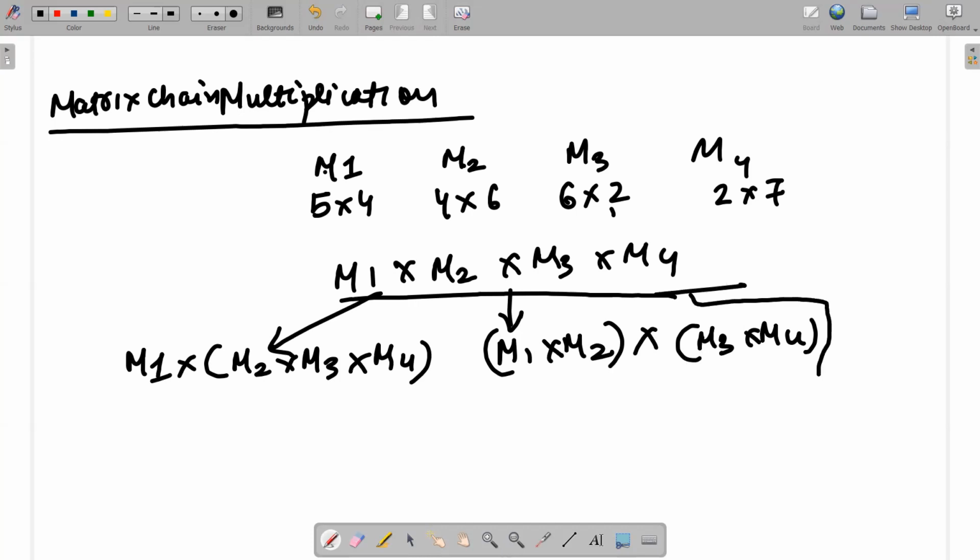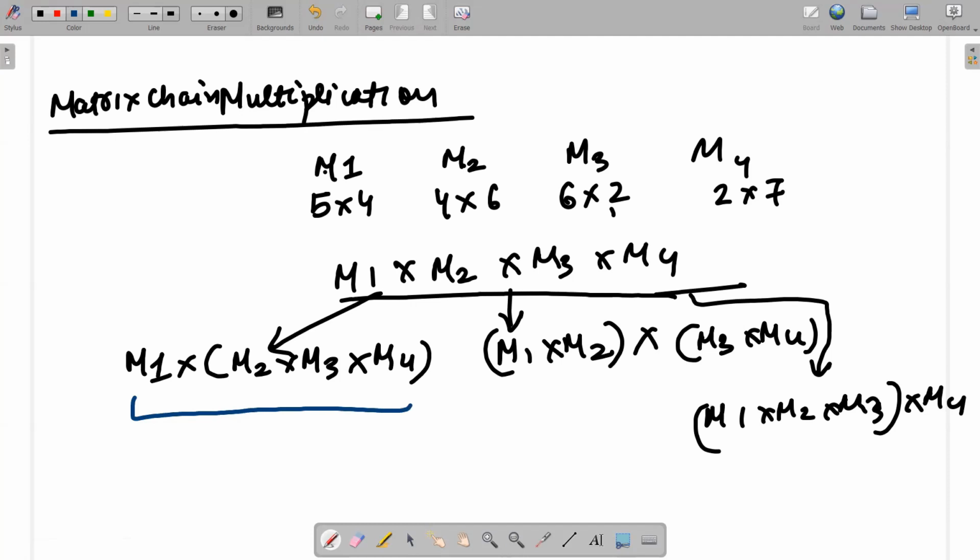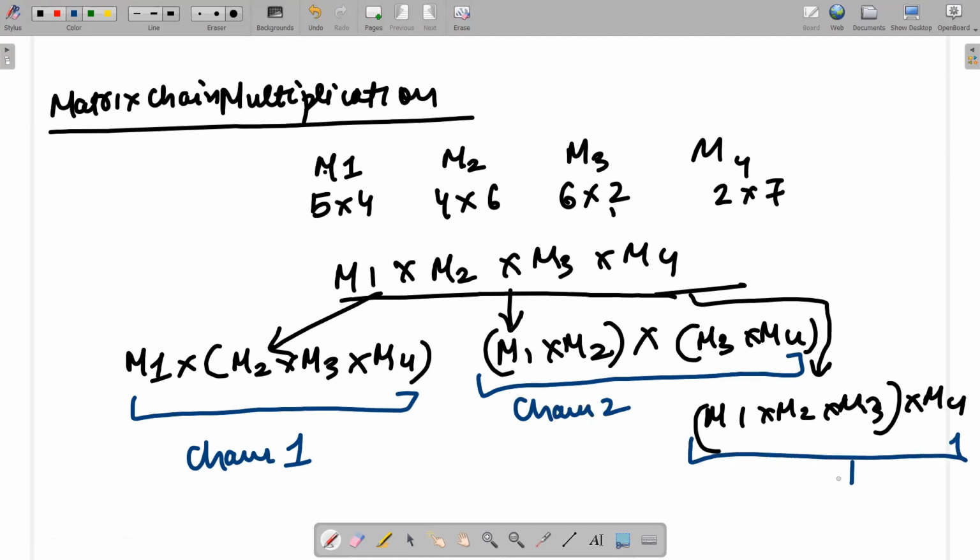Then another possibility is that I can multiply M1, M2, and M3, and their combined result is multipliable with M4. So these are different chains that we have made. This is chain number one, which can be followed. This is chain number two, which can also be followed, and this is chain number three, which can be followed.